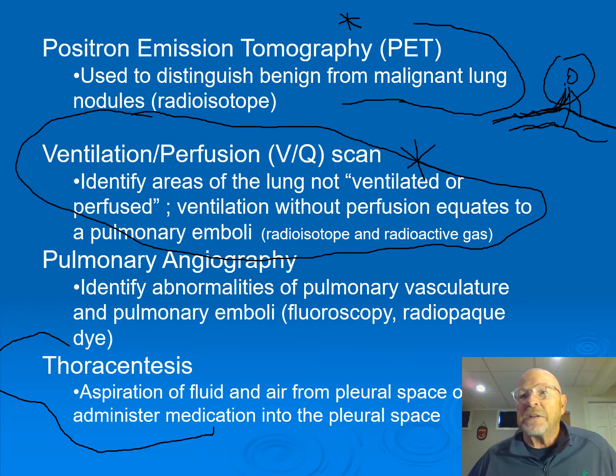Likewise, in introducing a needle like that, you might accidentally hit vasculature. So when you're monitoring a patient that's returning to the unit after undergoing a thoracentesis, you're going to be looking for, down the road a little bit further, infection, but on a more immediate note, you're going to be looking for respiratory compromise and cardiovascular compromise.